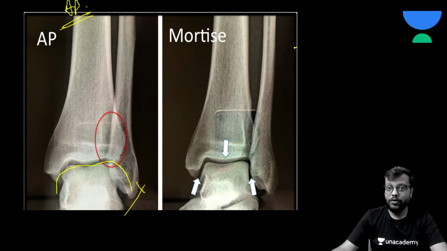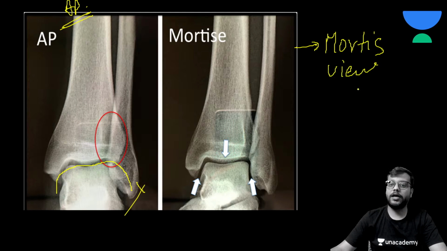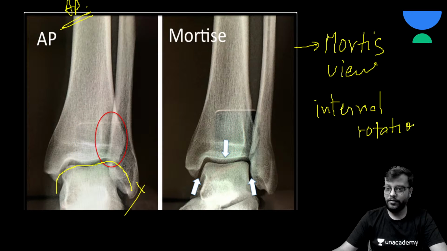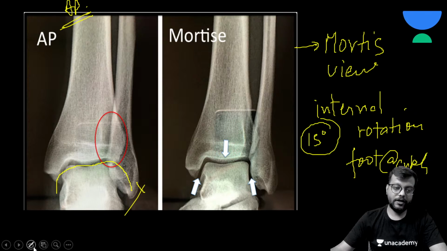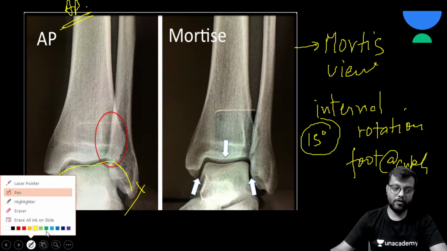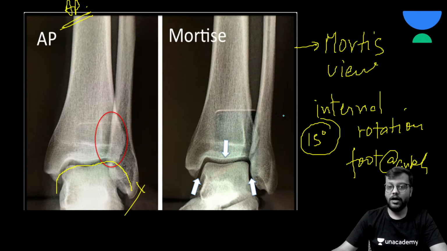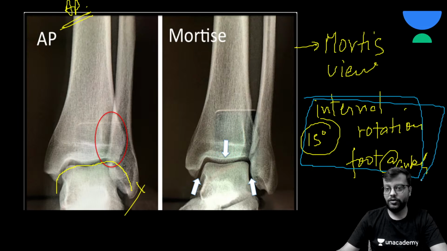But if you go for this view which is also called as mortise view, और इसमें क्या होता है, इसमें आपको इंटरनल रोटेशन कराना होता है, किसका? फुट का, एट द लेवल ऑफ एंकल जॉइंट, और कितना डिग्री? 15 डिग्री. अगर 15 डिग्री इंटरनल रोटेशन ऑफ एंकल में आप एक्सरे कराते हो, इट इज कॉल्ड एज द mortise व्यू.